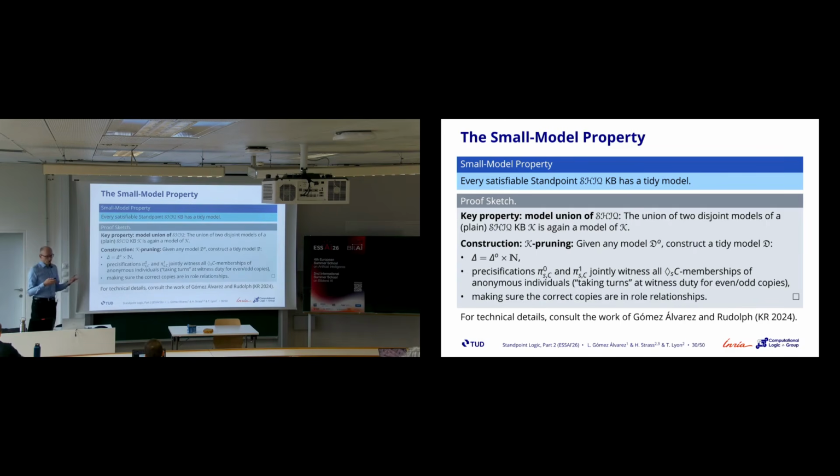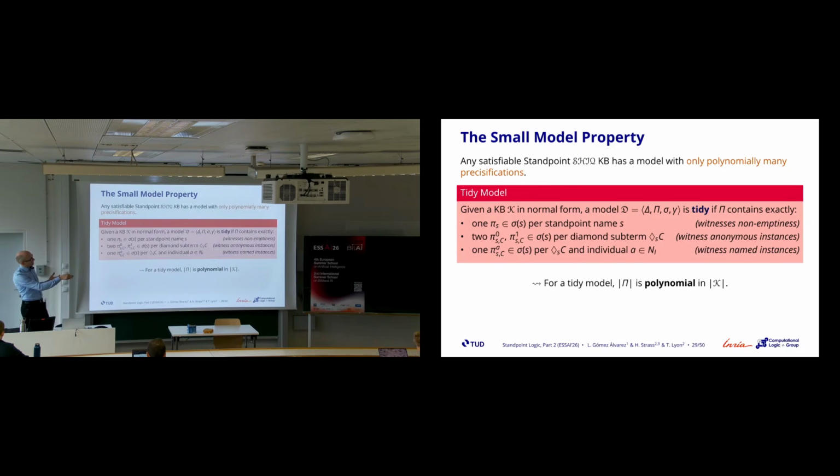And that is quite useful because then the idea that these two had was that we can, in a sense, create copies of our domain, so infinitely many, right? But that's not a problem. So we will then have an infinite domain, but the size of the domain is not an issue, right? For tidiness, the only interesting thing is the number of precisifications, right?